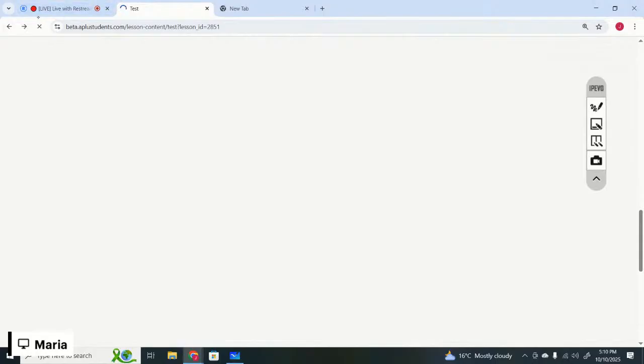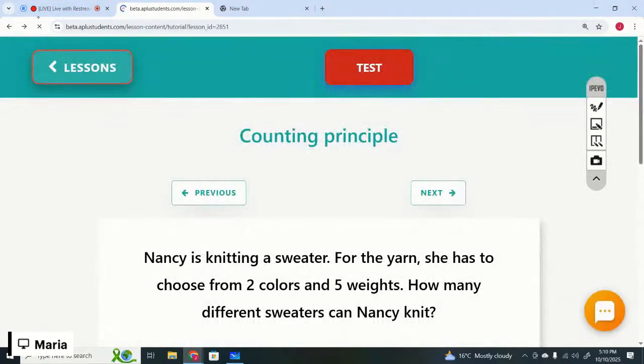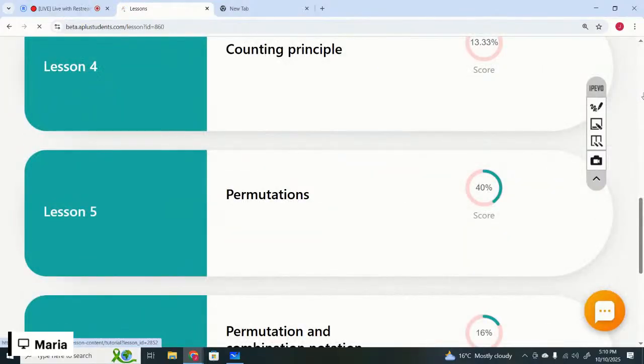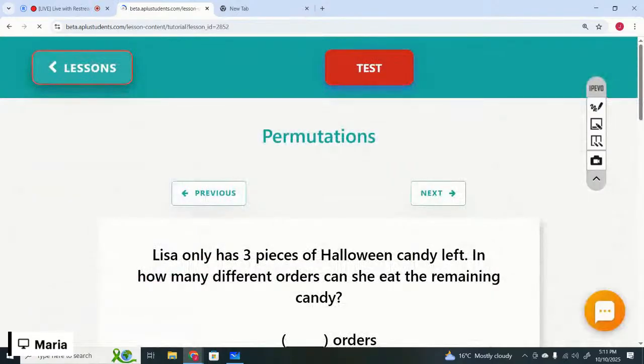I think we need to move on to the next lesson. Start with the lesson.